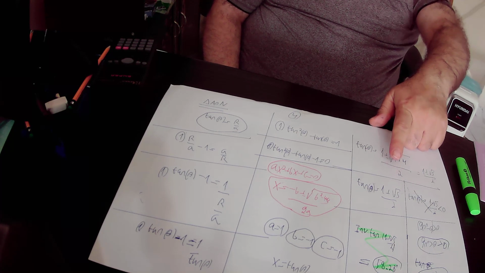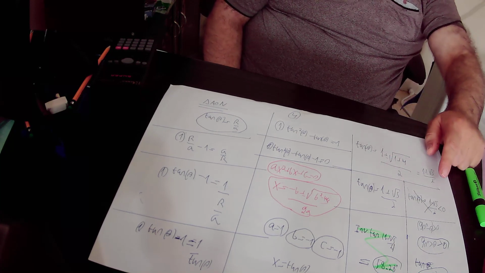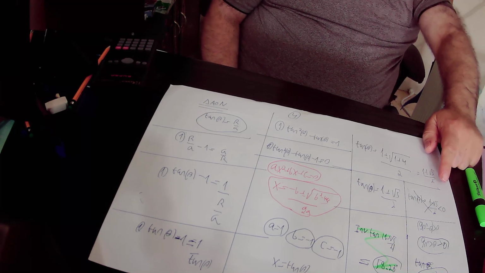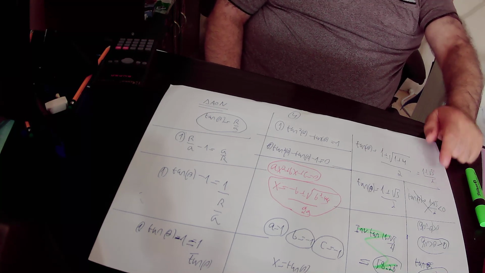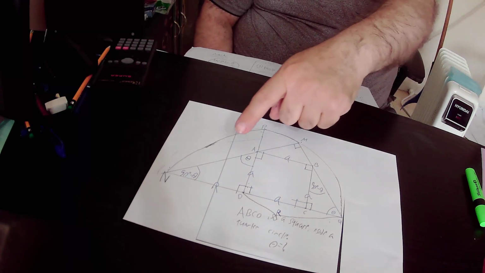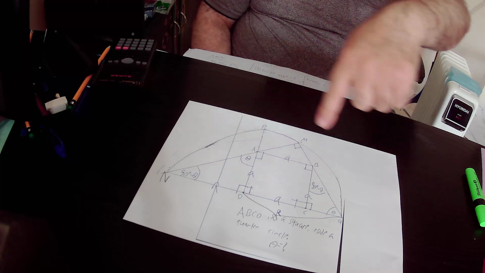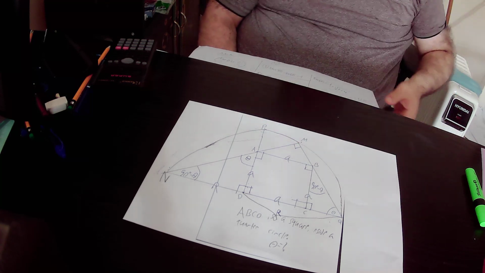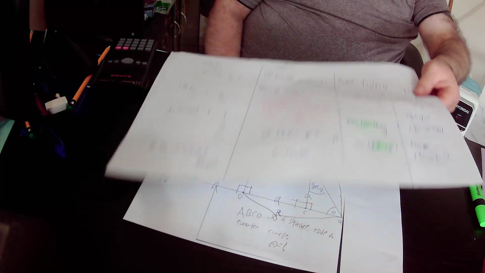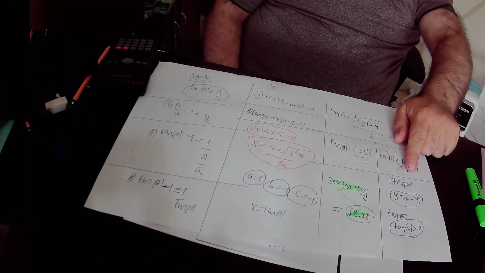This is the first solution. The second solution is that tangent theta equals 1 minus the square root of 5 over 2, which is negative. But here we can see that the angle 90 degrees minus theta is one of the 3 angles in the right triangle NMQ, therefore it is a positive angle, so 90 degrees minus theta is greater than 0.